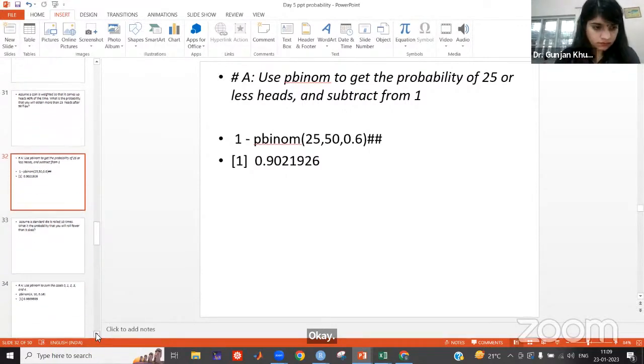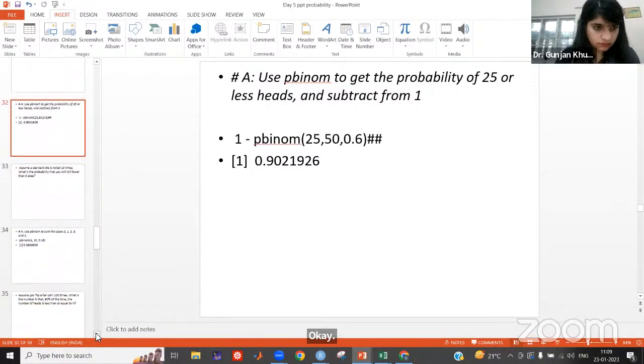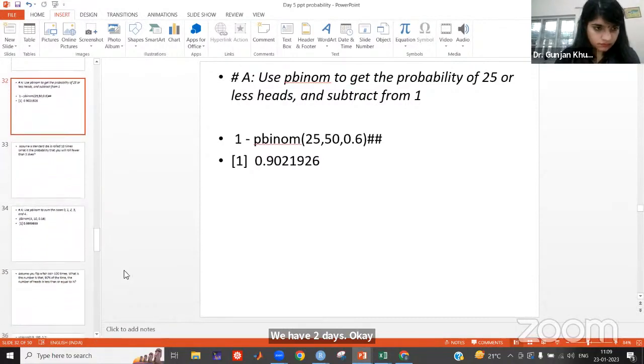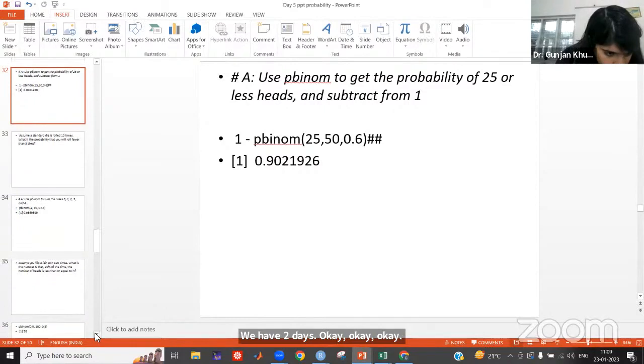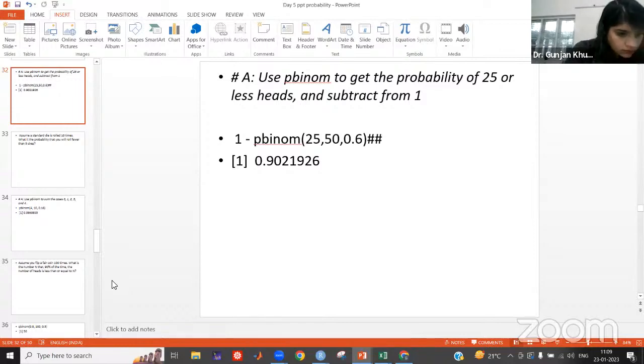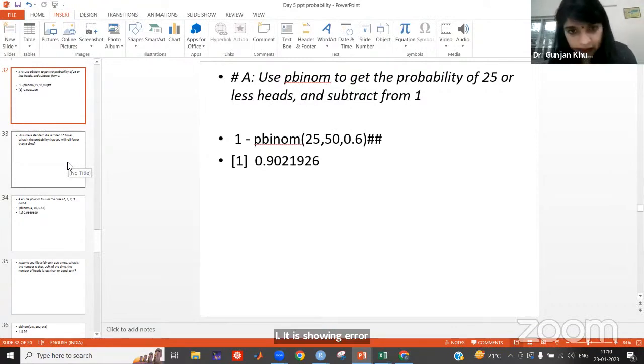We have to take 25, 50 and 0.6. Why is it showing error? Just see the syntax. All things are okay.